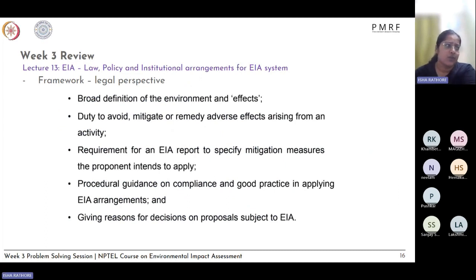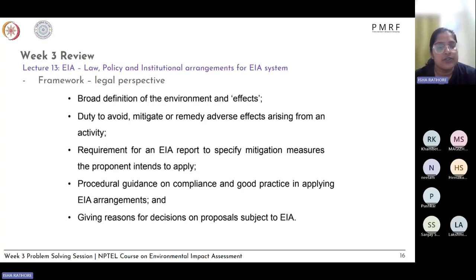So, from a framework point of view, or from a legal perspective, there's a broad definition of environment and effects, and a duty to avoid, mitigate, or remedy adverse effects arising from an activity. So you need to clearly define what you mean by environment, what the effects are, who the stakeholders are, and what parameters are being considered. Although we consider a broad definition, you also need to give a very detailed assessment of what effects are being felt on what environmental parameter.